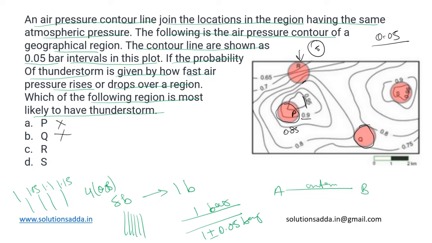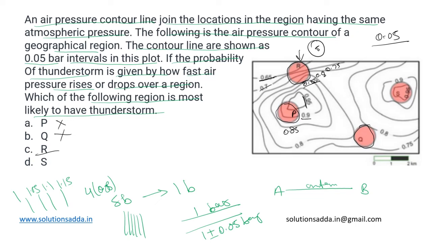So if this is 0.65, the next one is 0.7, then it will be 0.75, 0.8 and 0.85. So it is changing from 0.65 to 0.85. So this can be said to be a huge difference between the pressures at the same location. So this region R is more likely to get a thunderstorm as compared to others. So that could be our answer.